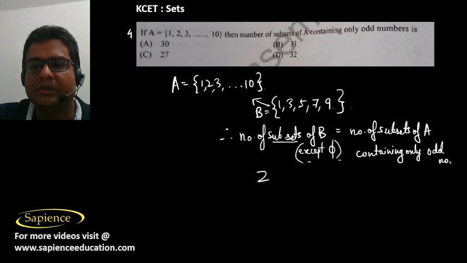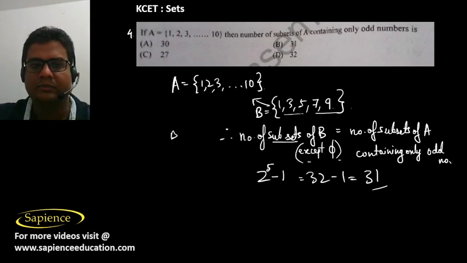We know that since there are 5 elements in the set B, the number of subsets will be 2 power 5. But since we have to exclude the null set, that will be 2 power 5 minus 1. So that is 32 minus 1, that is equal to 31. So option B is the correct answer.